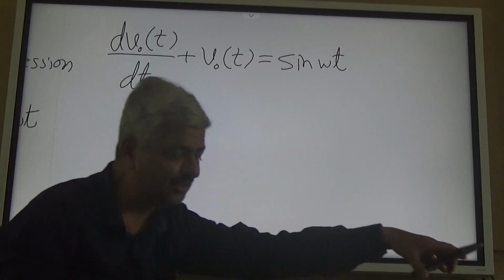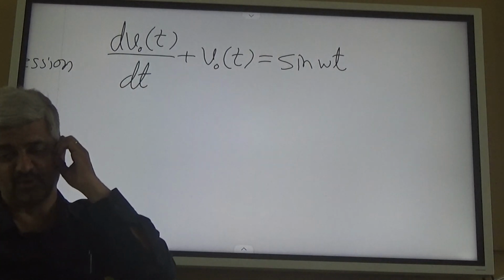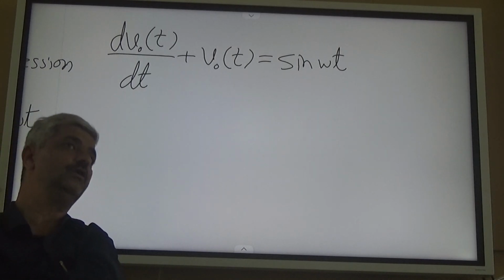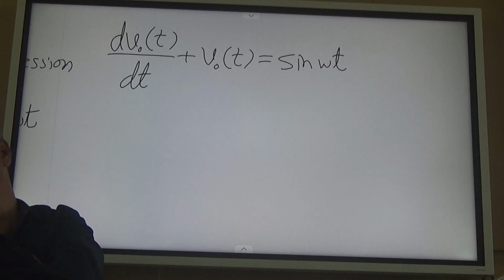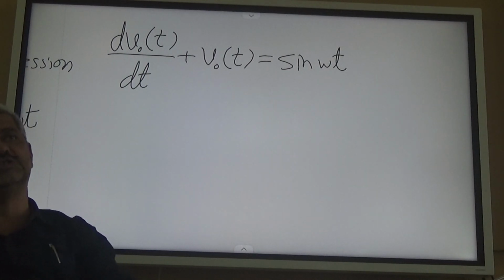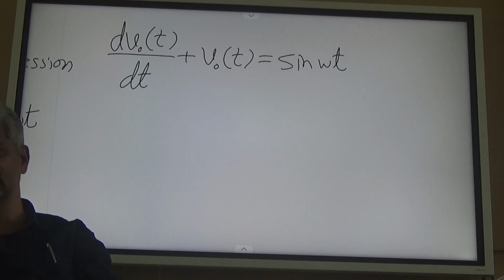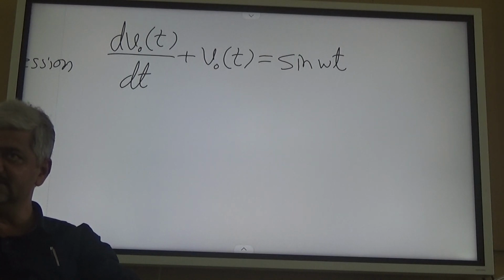One more thing I would like to say: a sinusoid has a very important property. It is called an analytic signal. If I have two signals which are sinusoids of the same frequency but not the same signals, you got me? If I have two signals, it may be voltage, it may be anything, so I will use the terms x1(t) and x2(t), which are not equal but are sinusoids of the same frequency omega.